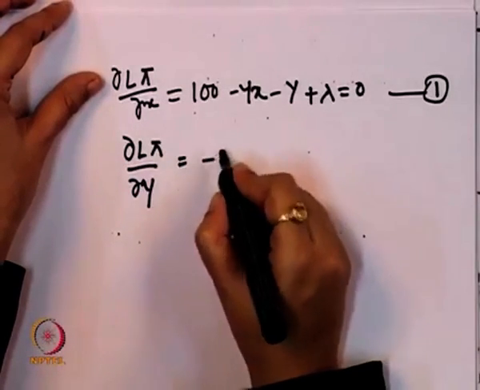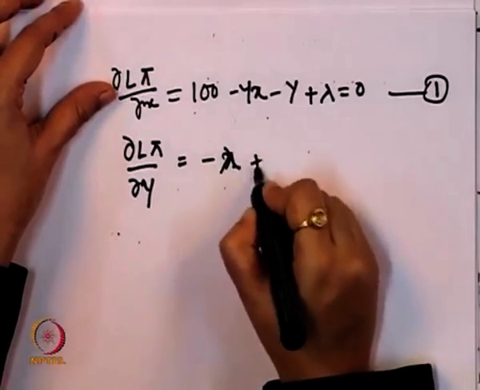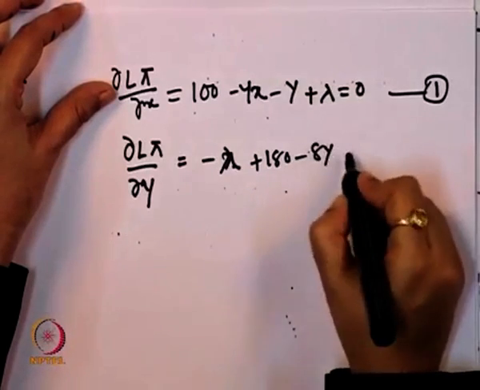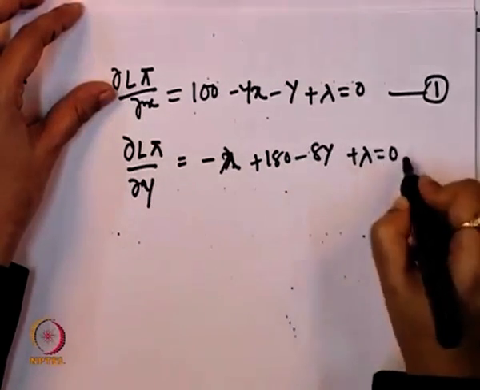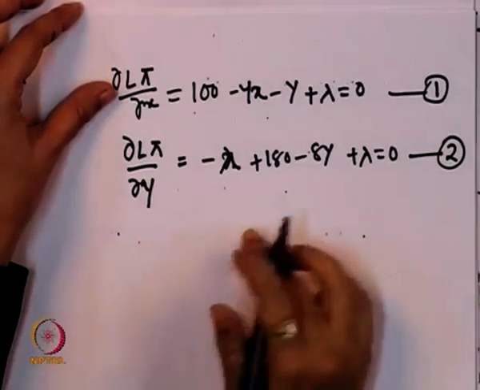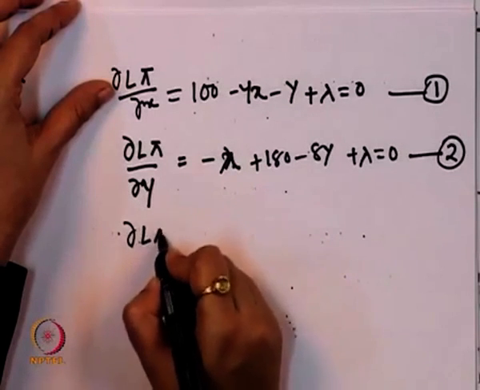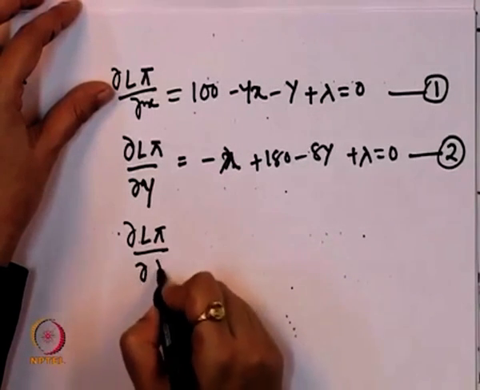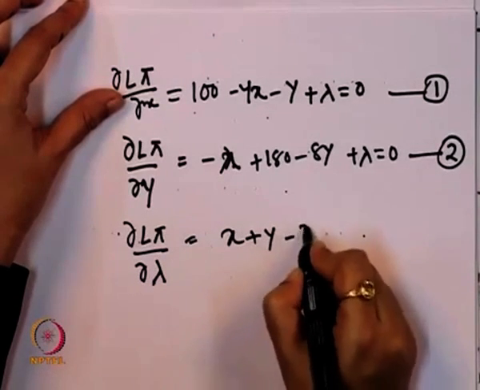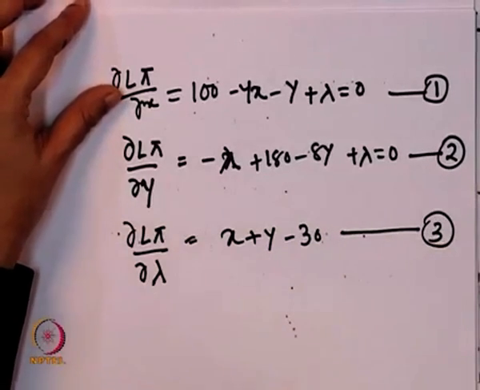This comes as x + 180 - 8y + lambda = 0, and this is equation 2. The third is the derivative of L with respect to lambda, which gives x + y - 30, and this is equation 3.